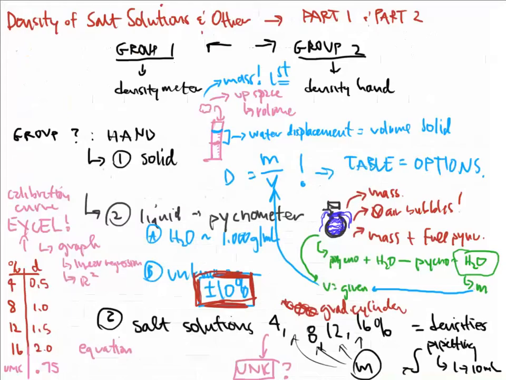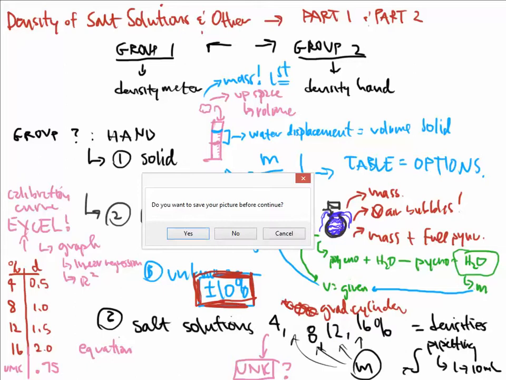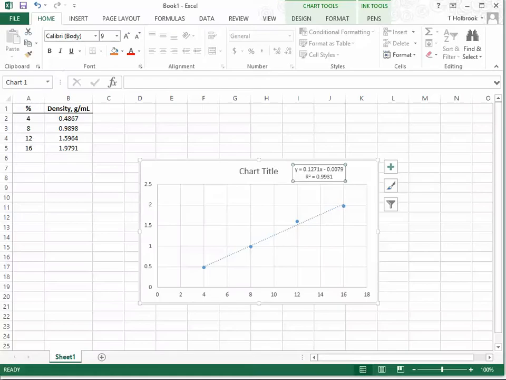Some things that we want to keep in mind when it comes to the percentage and the density. In Excel, you plotted percentage on the first column, and the percentage is going here on the x-axis.